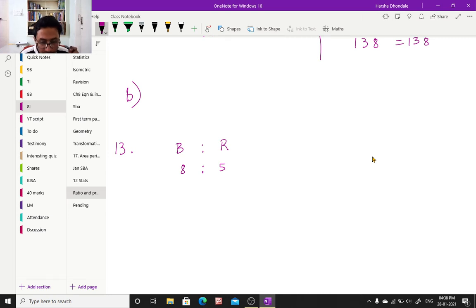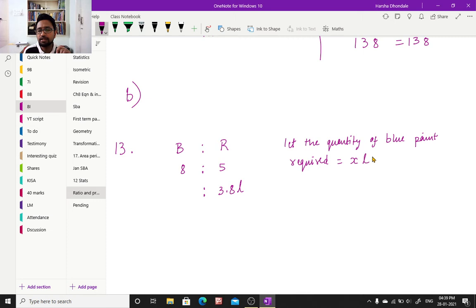If 3.8 liters of red is used, will 6 liters of blue paint be enough to make the purple paint? What I will do over here is let the quantity of blue paint required equal x liters.